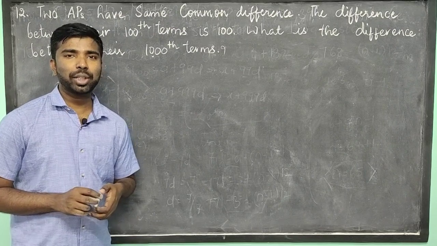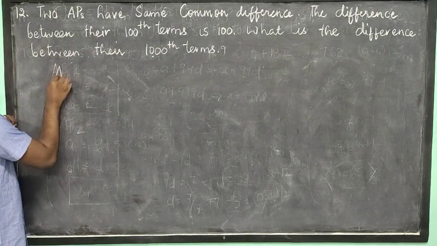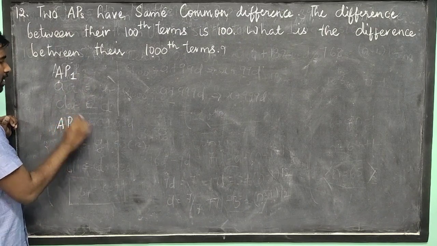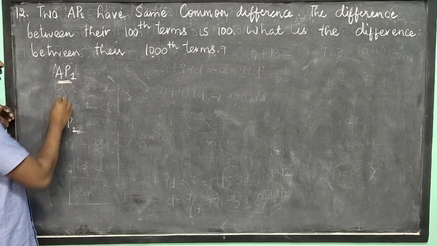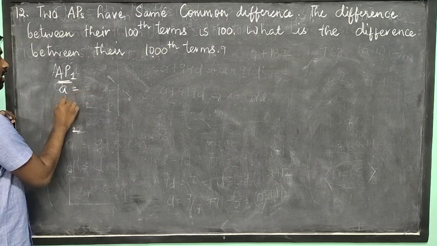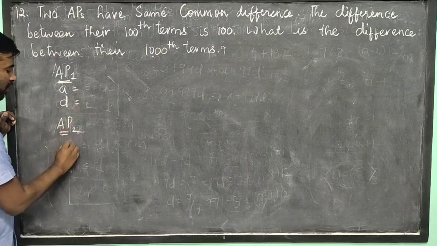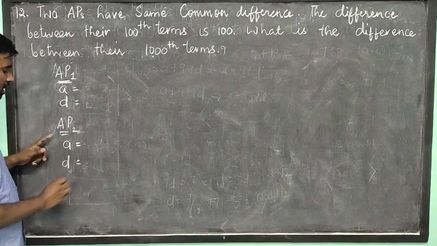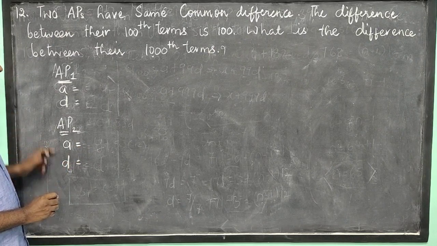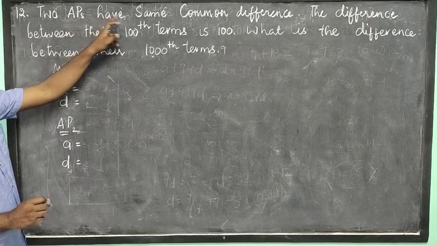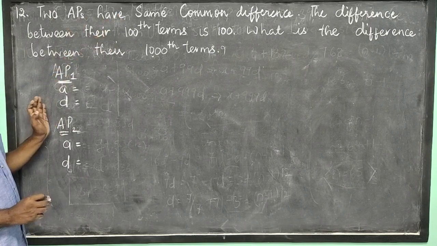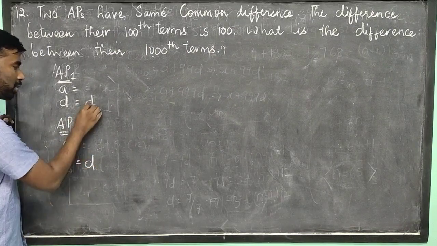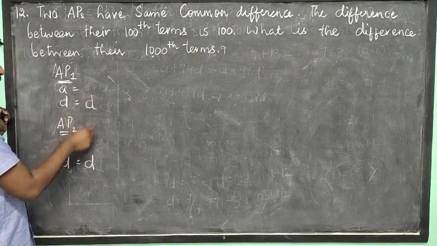Students, consider two APs: the first AP as AP1 and the second AP as AP2. For AP1, we will consider the first term and the common difference D. The same way for AP2, the first term and the common difference D. Since the two APs have the same common difference, I will consider D for both, but the first term is different.